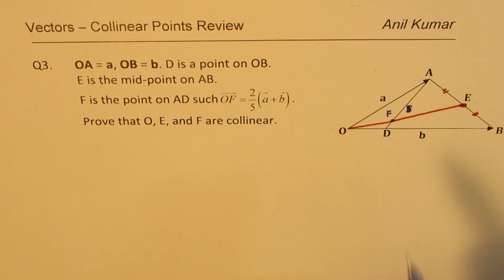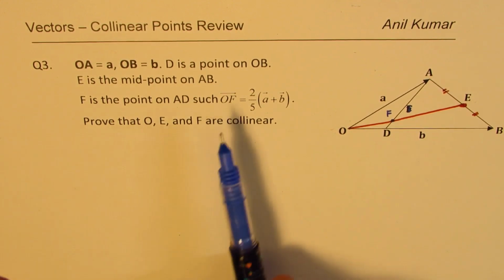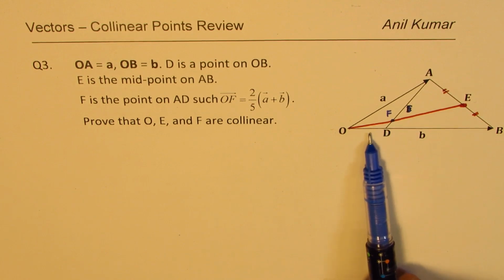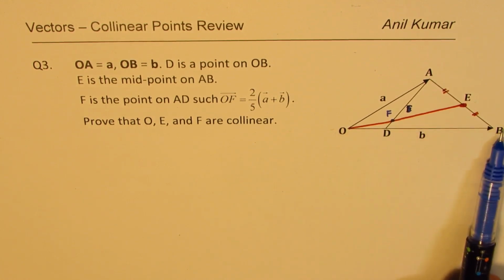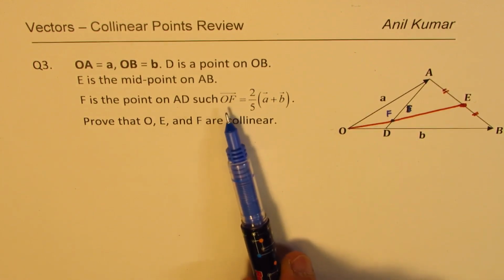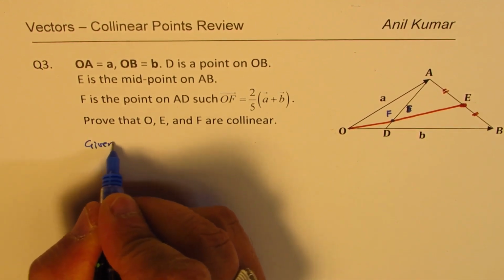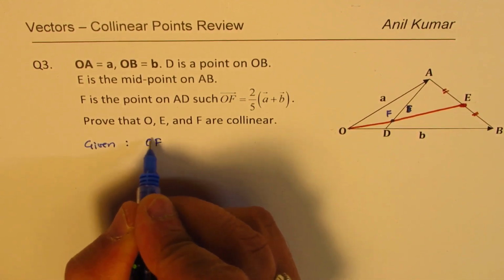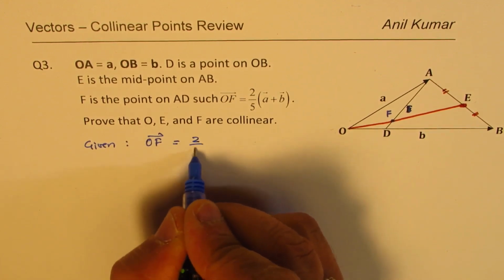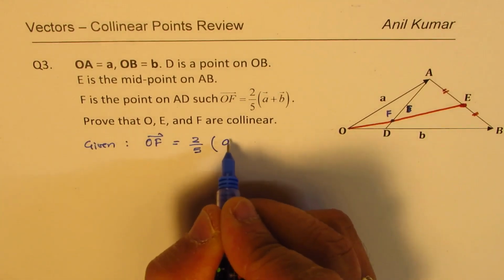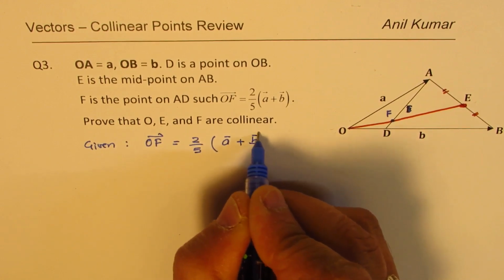Perfect. So this point becomes F for me now. So you need to show that O, E, F are collinear. Well, as you can see, half of the question has been done. We didn't give you the ratio for D dividing OB. We straight away have provided you what OF is. So it is given that OF is equal to 2 over 5 times A plus B, right?